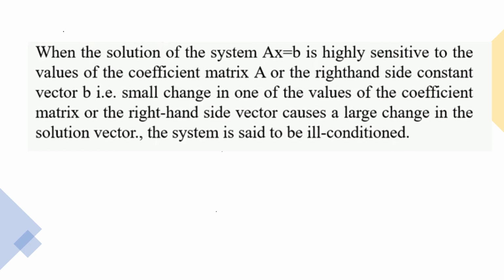When the solution of the system Ax = b is highly sensitive to the values of the coefficient matrix A, or the right-hand side constant vector b, that is, a small change in one of the values of the coefficient matrix or the right-hand side vector causes a large change in the solution vector, the system is said to be ill-conditioned. And that would be all.